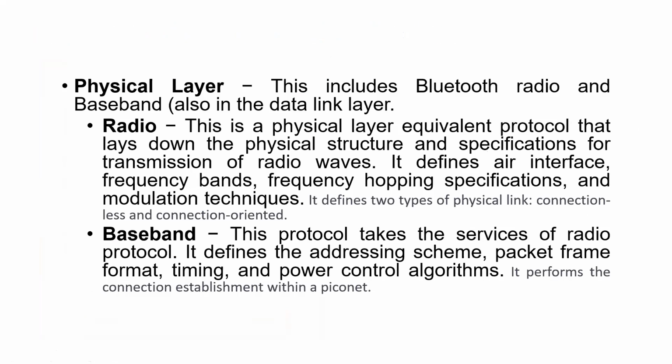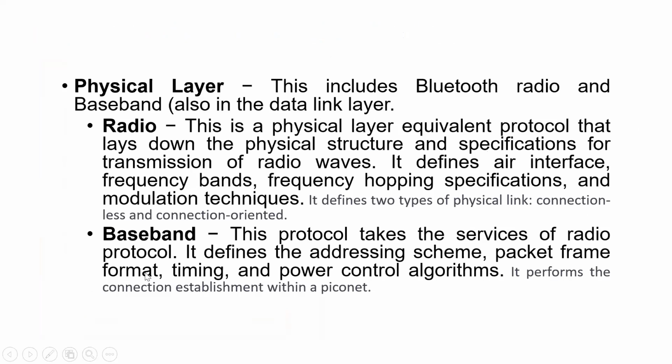Now let us start the discussion with each layer. The first layer is the physical layer. The physical layer consists of 2 sublayers, and these 2 sublayers are the radio layer and the baseband layer.